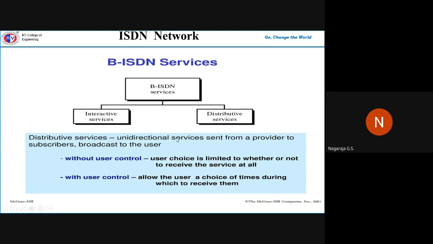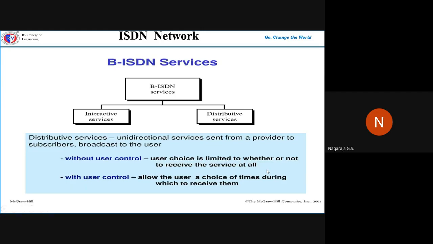Having said the pyramid structure, let us understand what distributive services are. They are unidirectional services sent from a provider to subscribers, or a broadcast to the user. Without user control, the user's choice is limited to whether or not to receive the service at all.